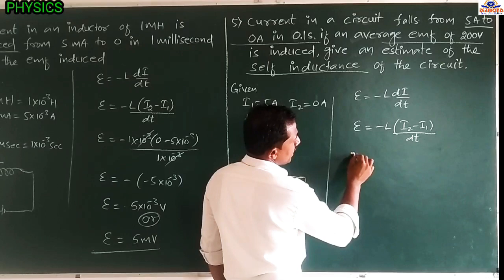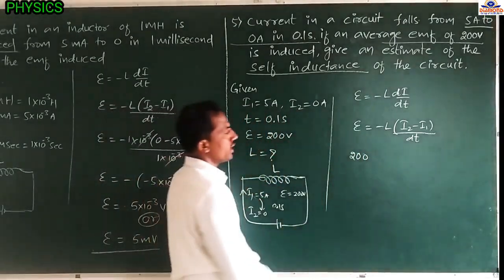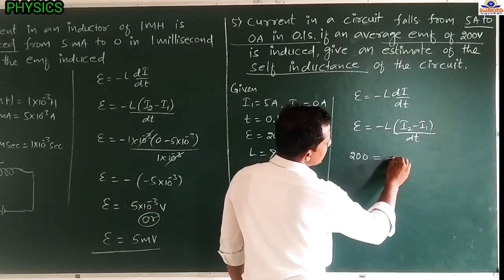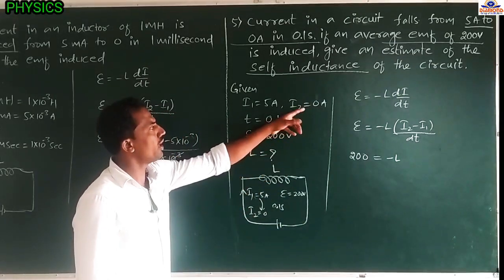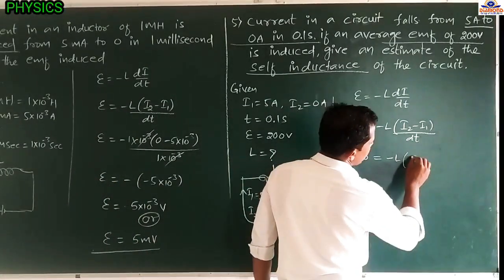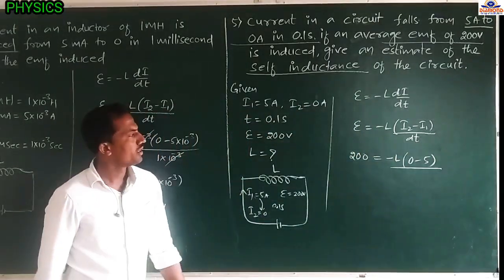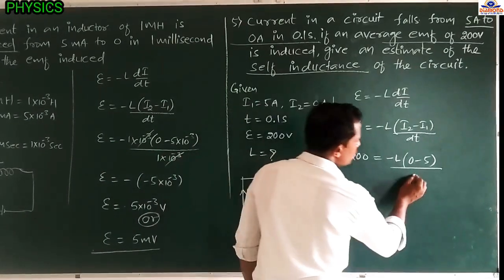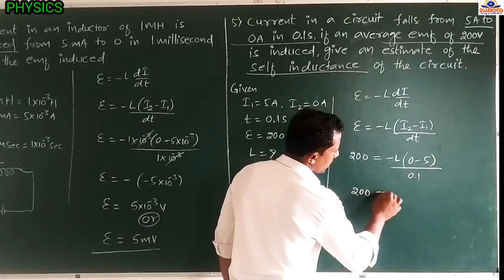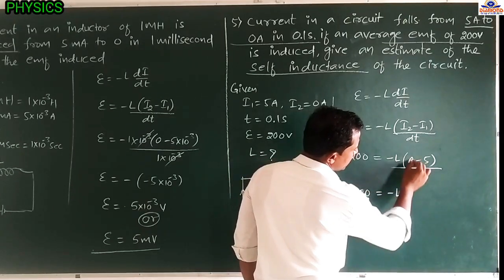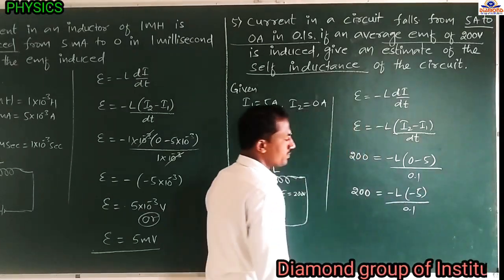Then E equals 200, minus L as it is, I2 value 0, I1 value 5, so 0 minus 5 divided by dt. What is the time? 0.1. Then 200 equals minus L times 0 minus 5, which means minus 5, divided by 0.1.